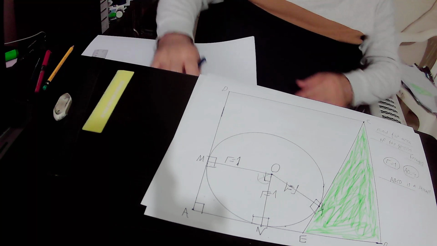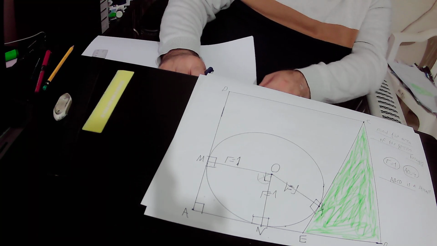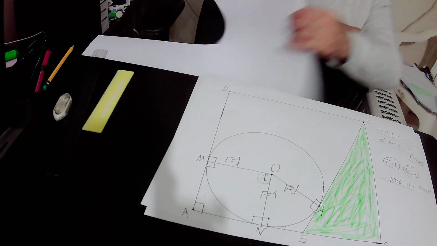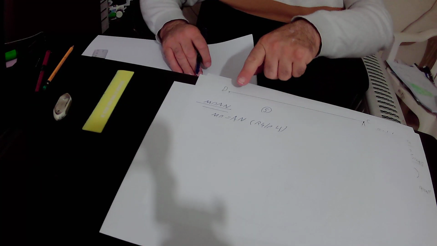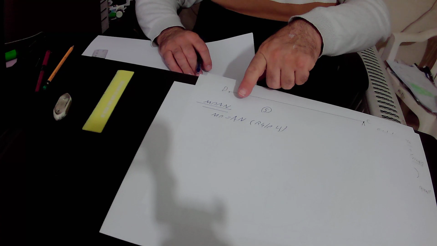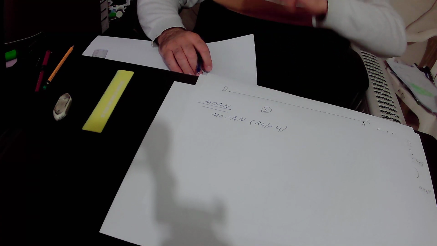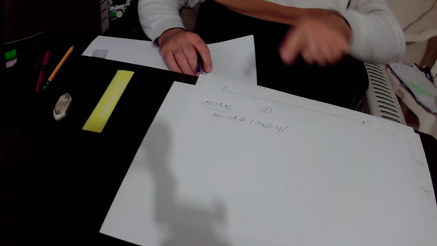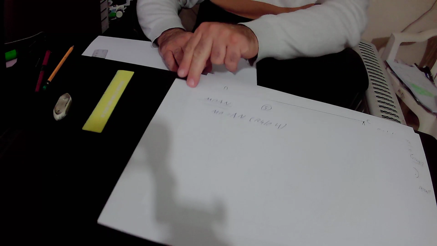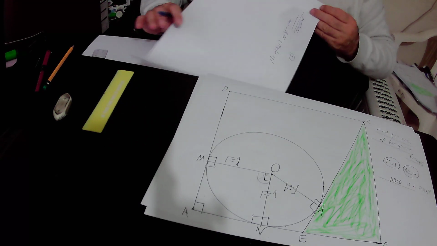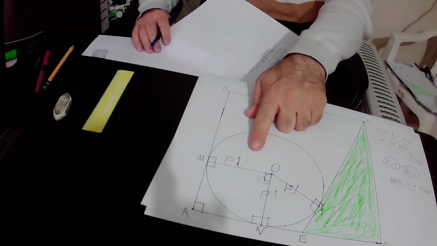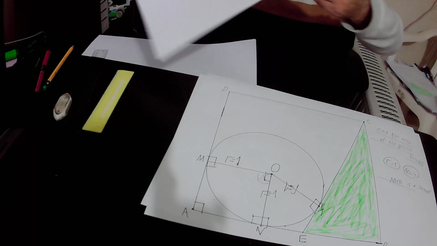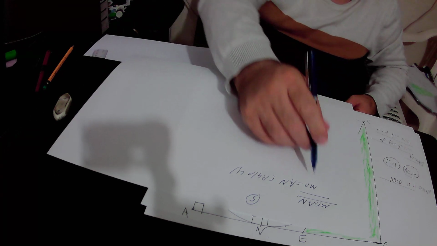I will repeat again. In rectangle MOAN, side MO equals side AN, according to rule number 4. But it is given in the question that MO equals 1 unit.